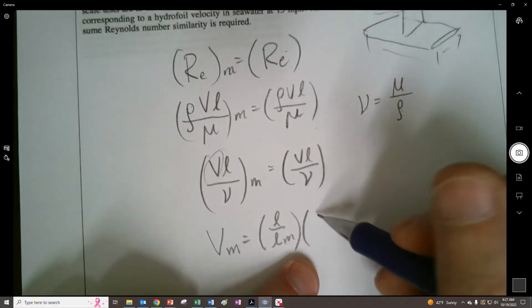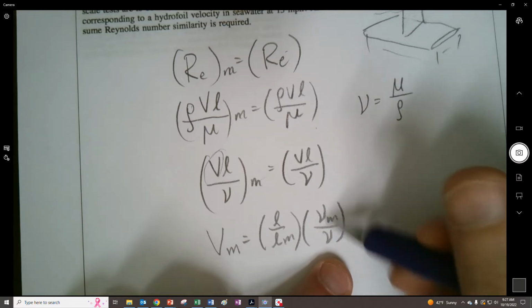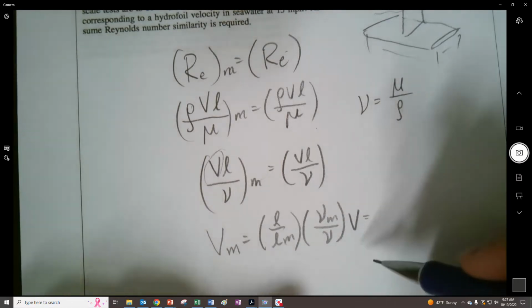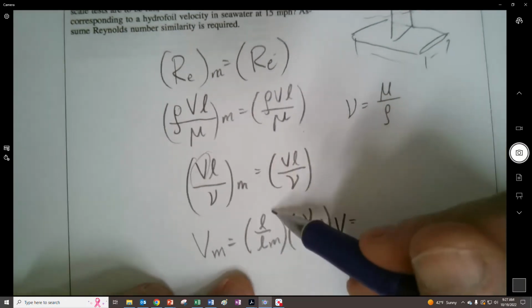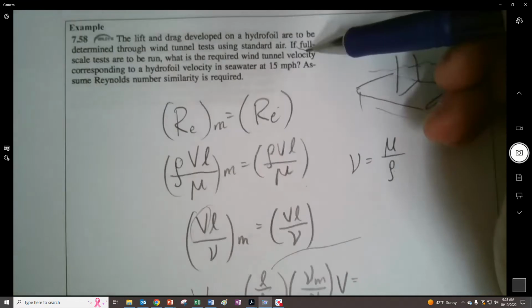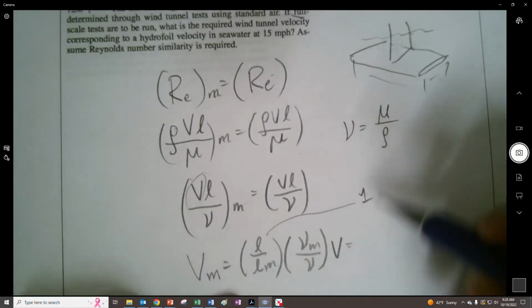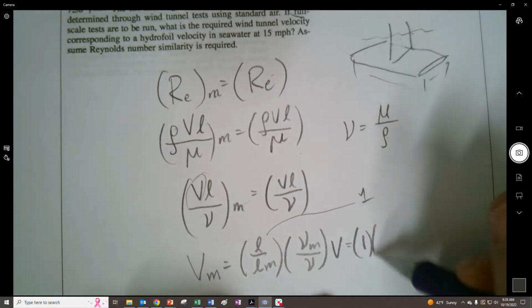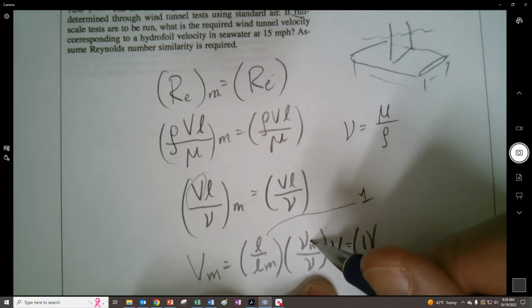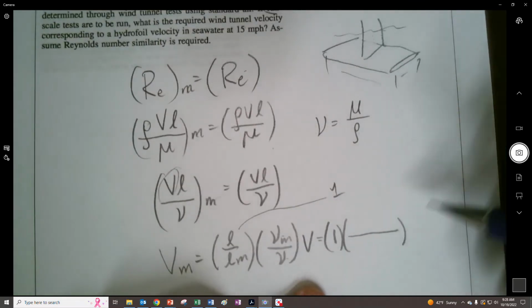And then we have our viscosity scale. And then we multiply it by the velocity of the real thing, right? So we have a one-to-one relationship, so it's a full-scale test. So that length ratio equals 1. And we can look this up for air. This is going to be air, and this is going to be seawater. So let's look that up.